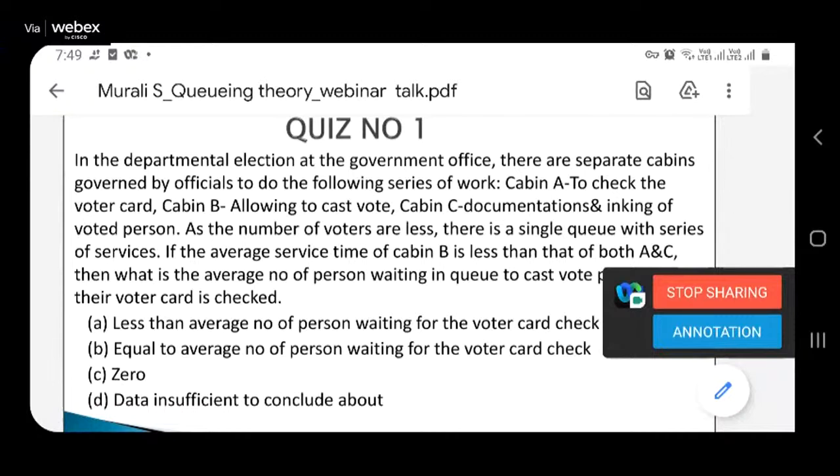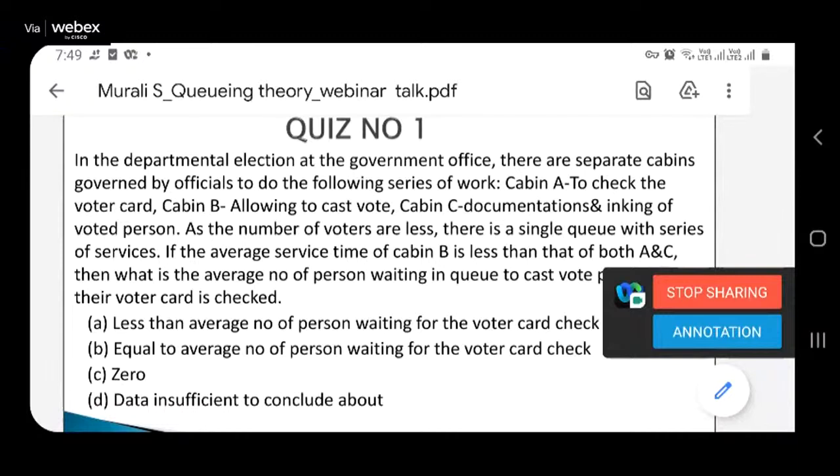Once the first person completes his checking, he will directly go to that service, and service B takes less time when compared to A. So as soon as the second person gets the voter check, the first person would have exited the voting. Correct? So in that manner, what happens? There will be a zero. So the answer is zero.